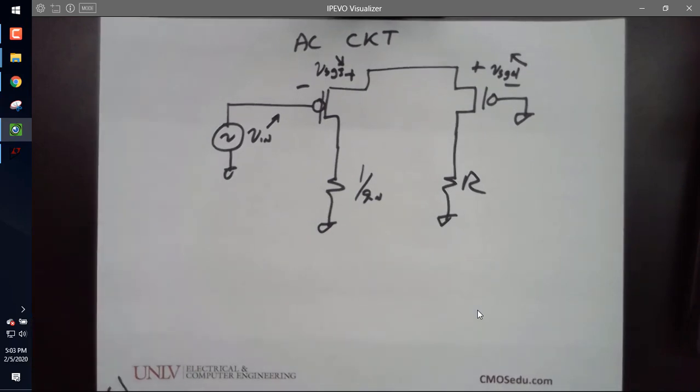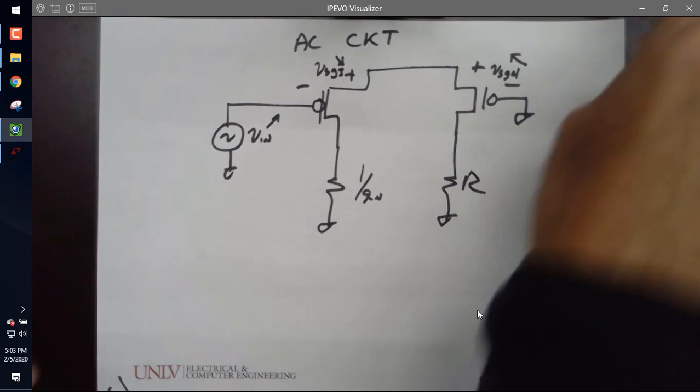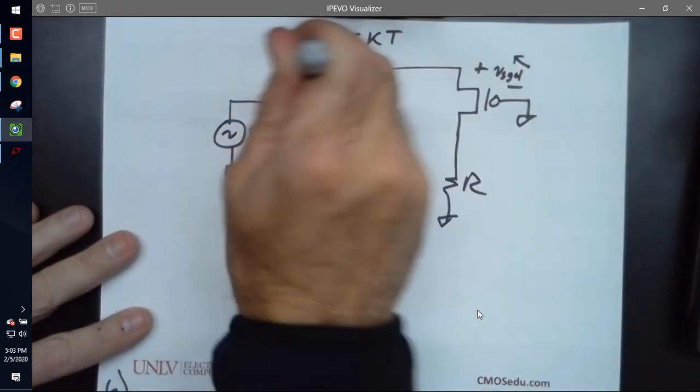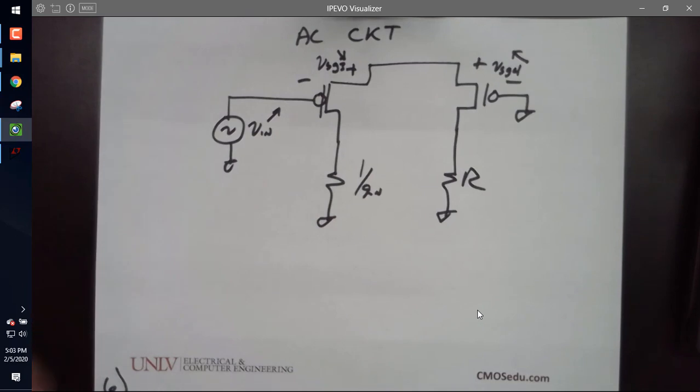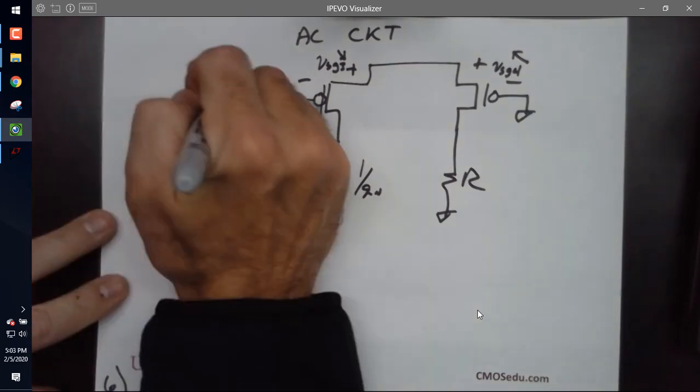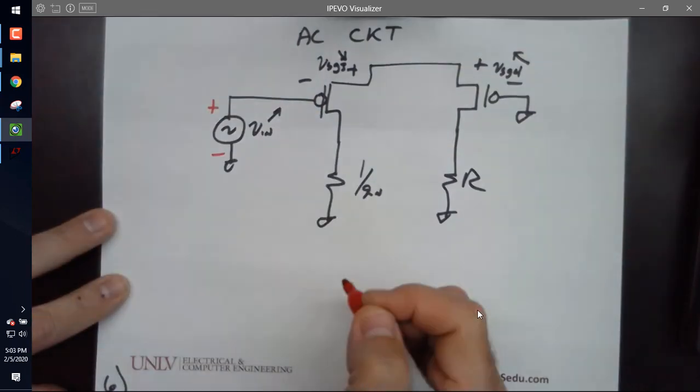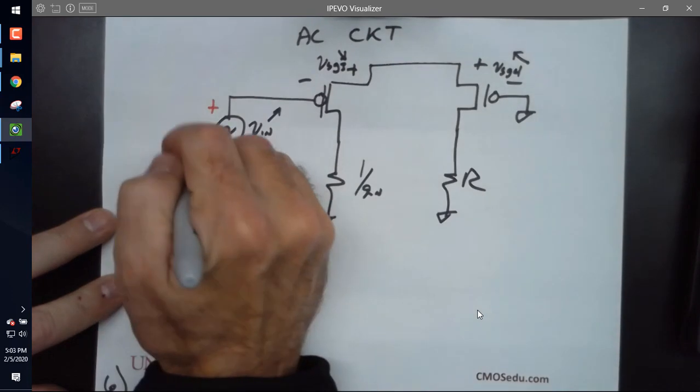Atari. All right. Tell me how to prove that VSG3 is equal to minus VSG4. From circuits 1. Here I'm going to write.